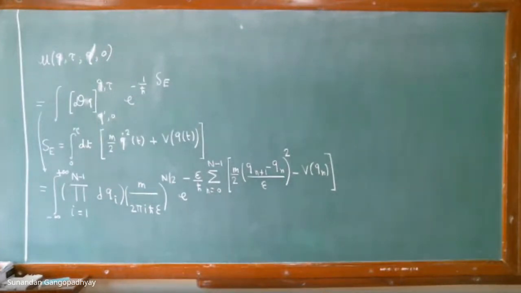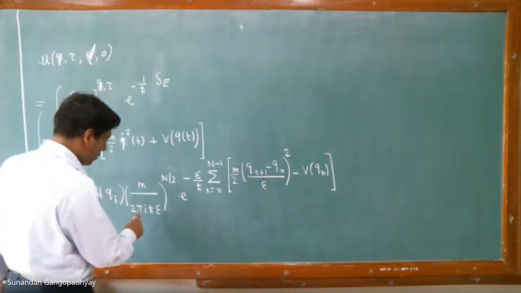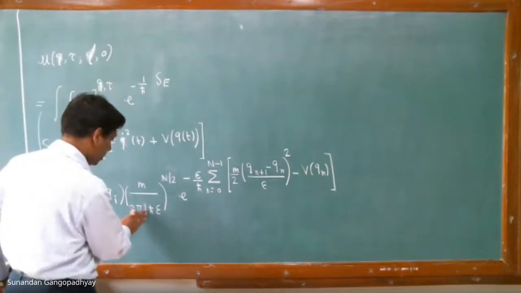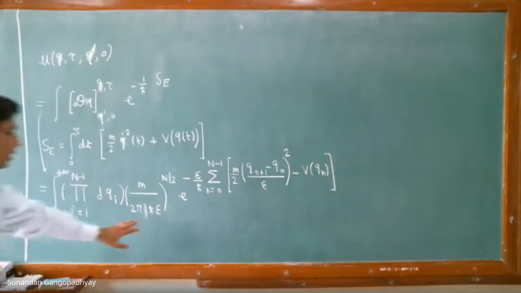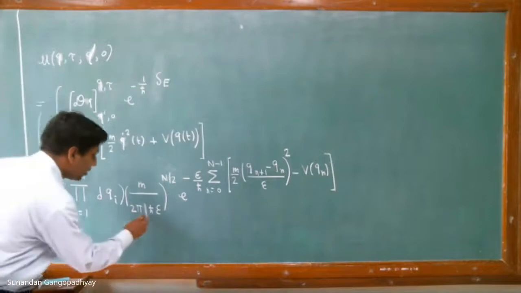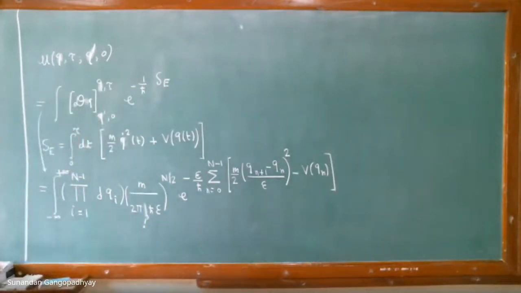And I guess this factor of i will not be here probably. I just leave a question mark here. You just check whether a factor of i will be here or not.